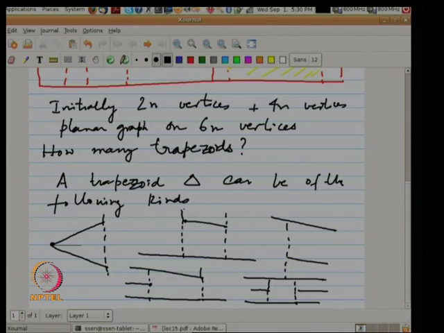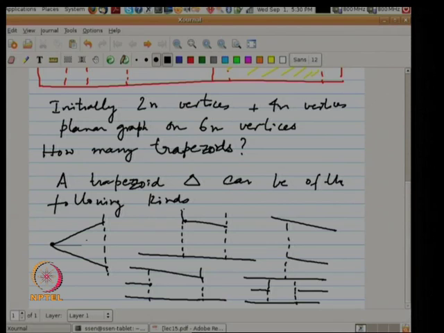Now, why I am distinguishing between these trapezoids is essentially to give you an idea of how a trapezoid can be defined. I am trying to get a bound on the number of trapezoids, and to do that I am looking at in how many ways a trapezoid can be defined.